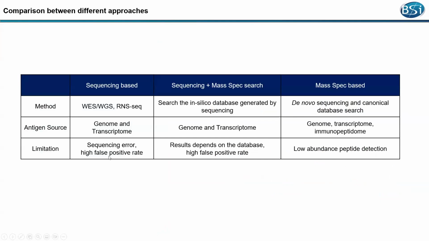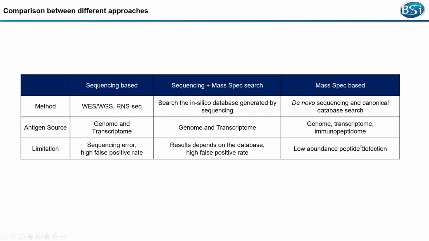Limitations are that there can be sequencing errors, and the results depend on the sequencing accuracy, with a high false positive rate. With the sequencing plus mass spec search method, acquired mass spec data is searched against an in silico database generated by NGS sequencing. But with this method, the issue is a large search space.